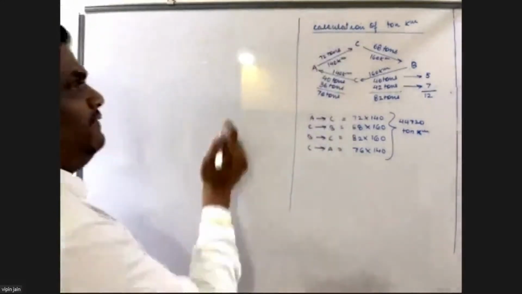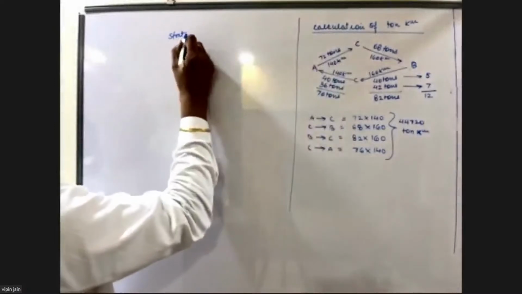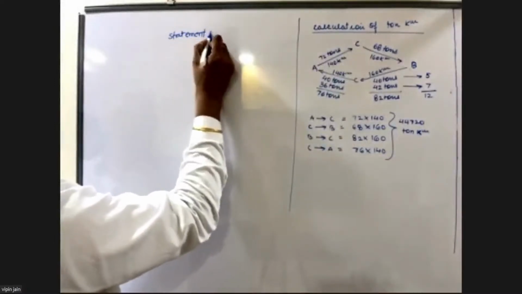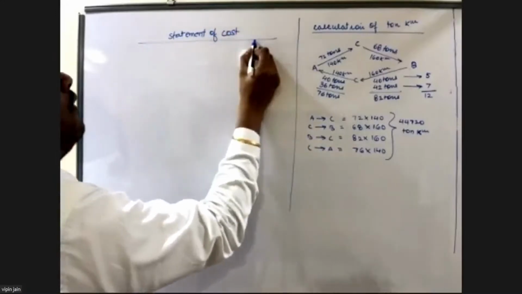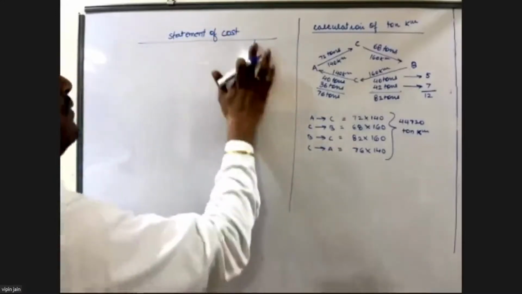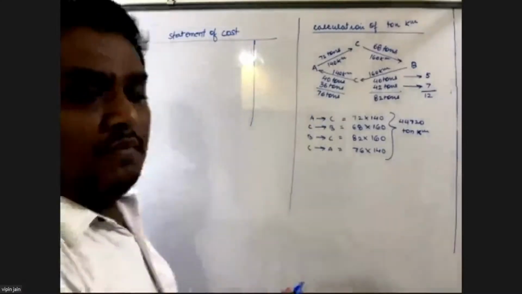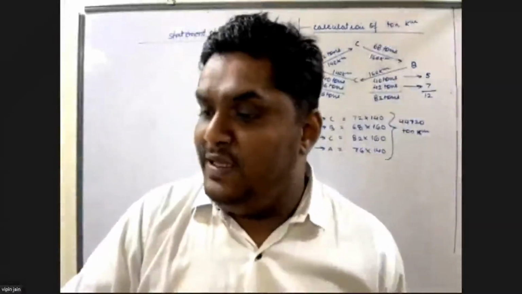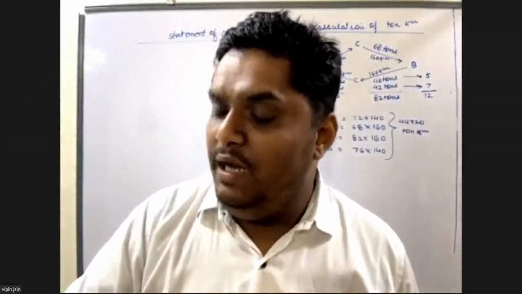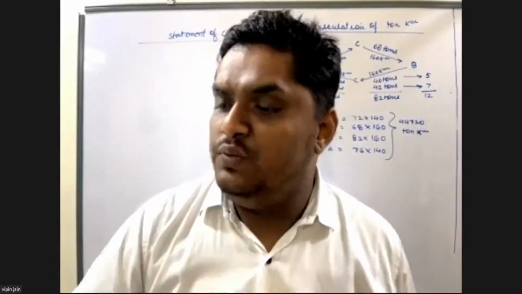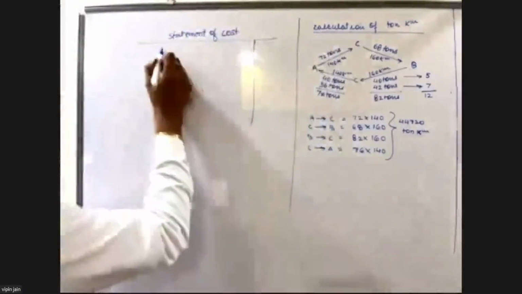Now let's start with the statement of cost. Here the fixed cost is 60,000. It is annual fixed cost, so monthly fixed cost will be how much? 5,000.